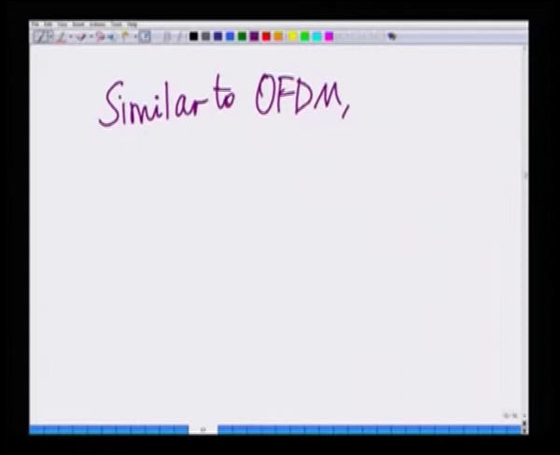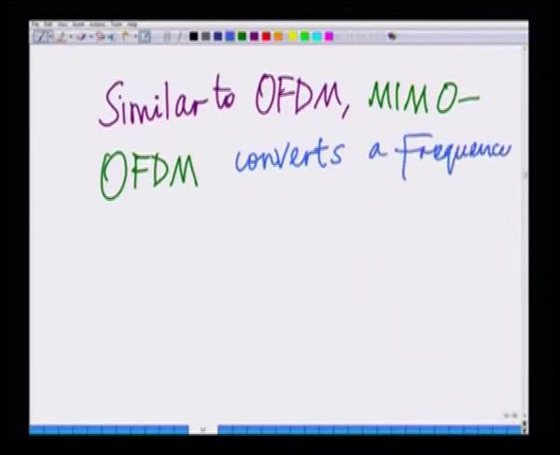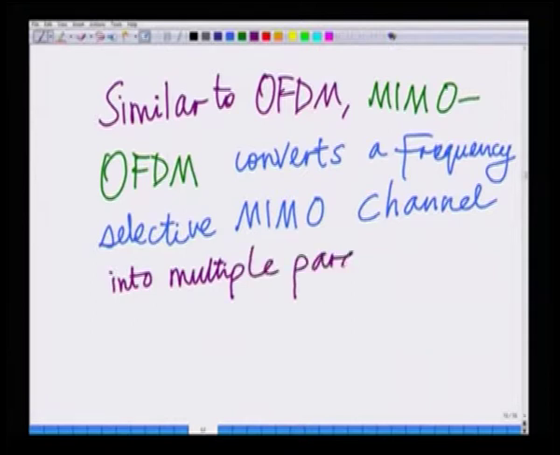All right. So, similar to OFDM, MIMO-OFDM converts its frequency selective MIMO channel into multiple parallel flat fading channels.